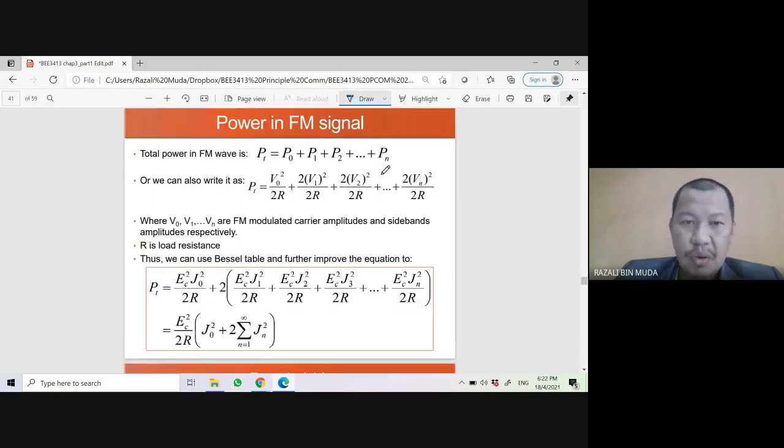Next, power in an FM signal. The total power in FM is PT equal to P0 plus P1 plus P2 up to Pn.